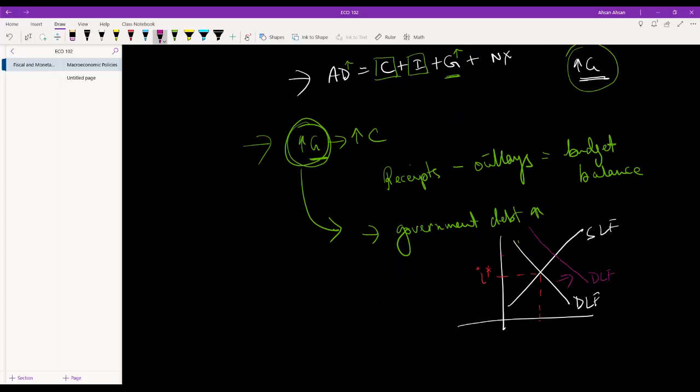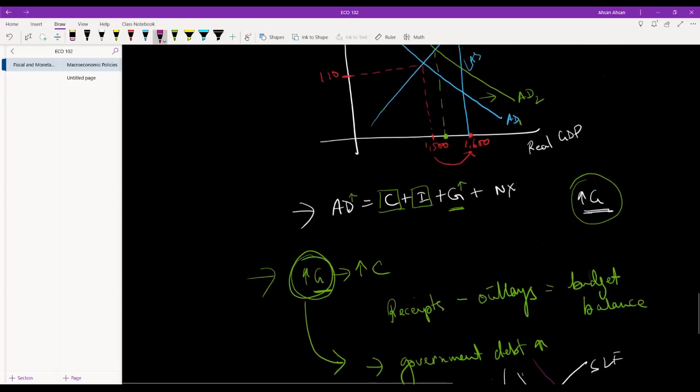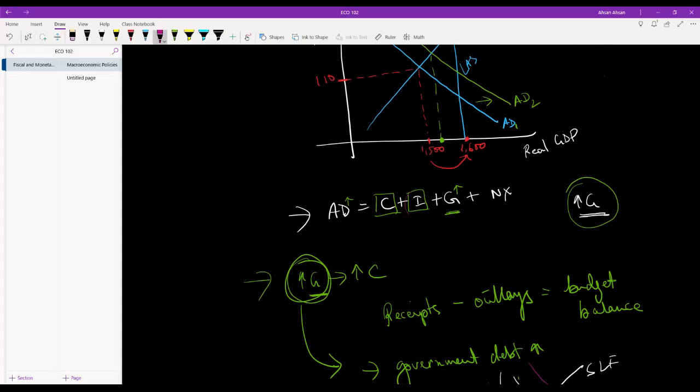When this happens, interest rate is also going up. If interest rate is going up, what's going to happen to investment in the economy? Investment is going to fall.